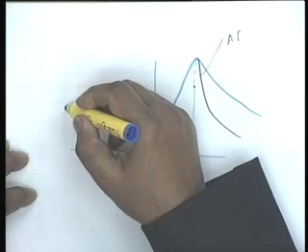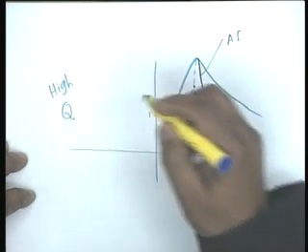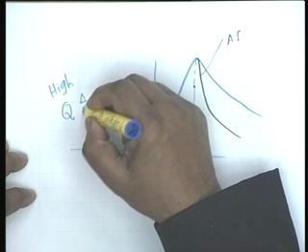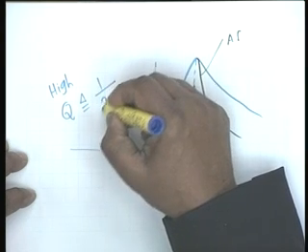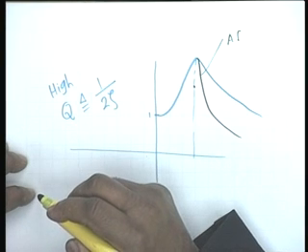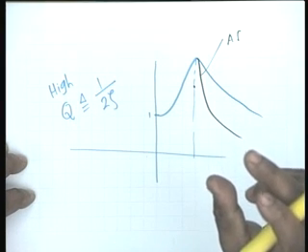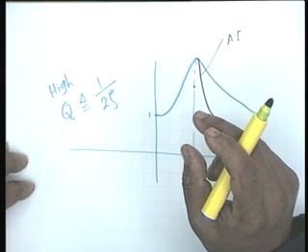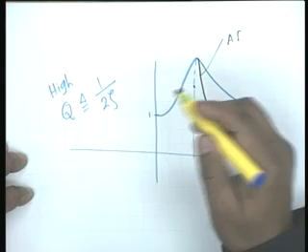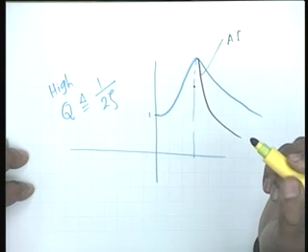Second, the statement that I make is that if the q is high, what does this mean? Your definition is q, figure of merit, is 1 by 2 zeta. That means if zeta is small, what does zeta small mean? That the peaking is sharper and sharper. That is, you have a high q case, in other words you have a sharp peak.